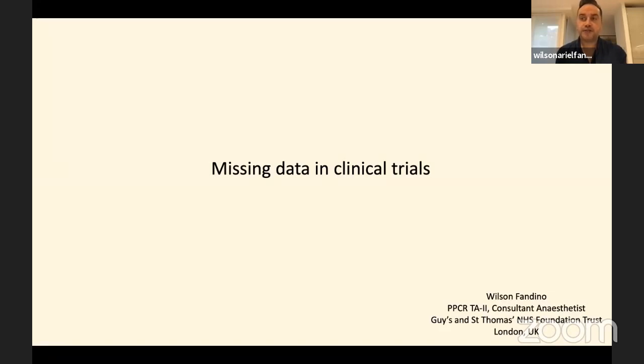We are planning to do more meetings as well. For next week, we are already preparing some things for you relating to the topic of meta-analysis and systematic reviews. But for this meeting, we are going to be focusing on missing data in clinical trials.